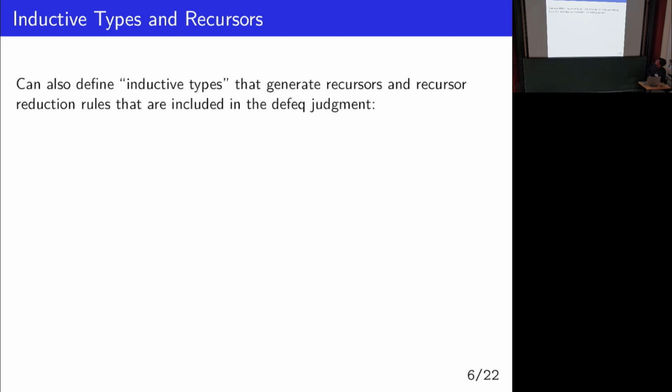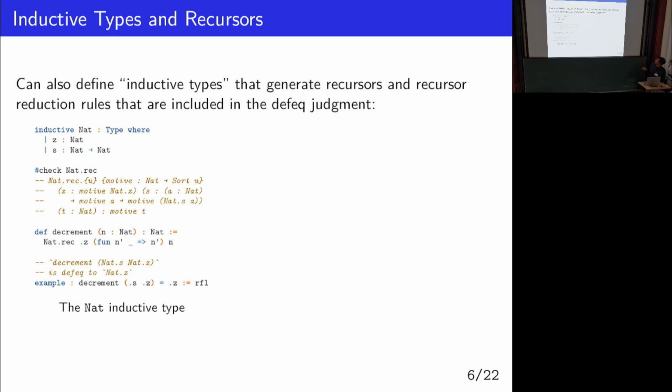So in Lean we can also define inductive types that are going to be generating our recursors and recursor reduction rules that we include in our definitional equality judgment, or that head reduction relation. So this is, for example, the natural number inductive type. And you can see here we have zero and successor, and it generates this Nat.rec recursor function.